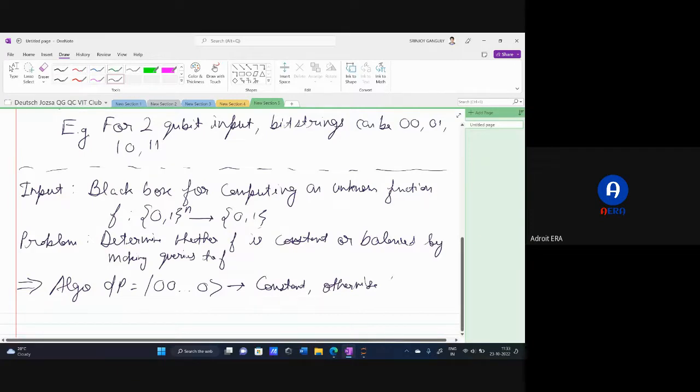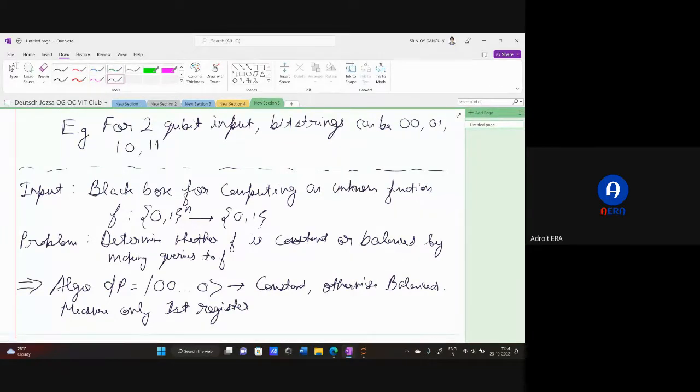Otherwise, it is balanced. And here also we measure only the first register. I will tell what the first register is.